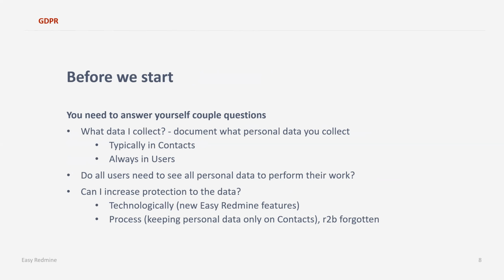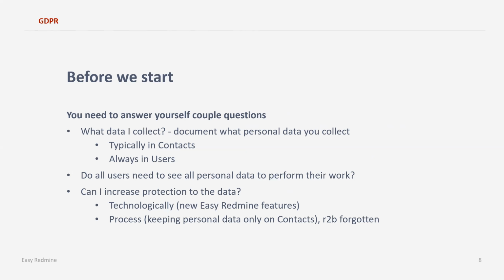One more slide before we go to the system. If you're having some data in Easy Redmine which you consider personal, you should do the following before you start implementing one of the strategies I will be showing you. You should say what data you collect and document that.